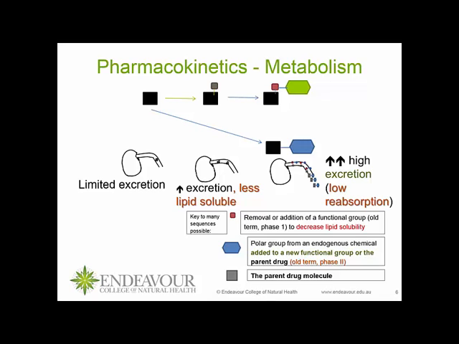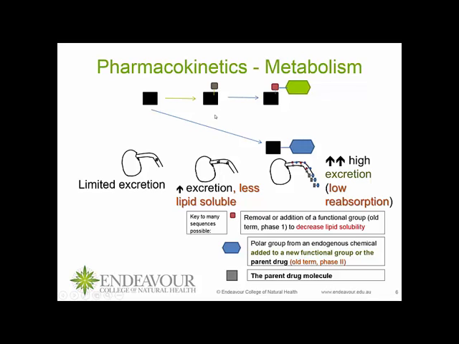Now coming to an overview, this particular diagram gives an overview of the metabolism. On the left-hand corner of the screen, we have the parent drug molecule. After it undergoes functionalization, that means a functional group is attached, shown in green, or you can get a conjugation, or an oxidation or reduction can occur.